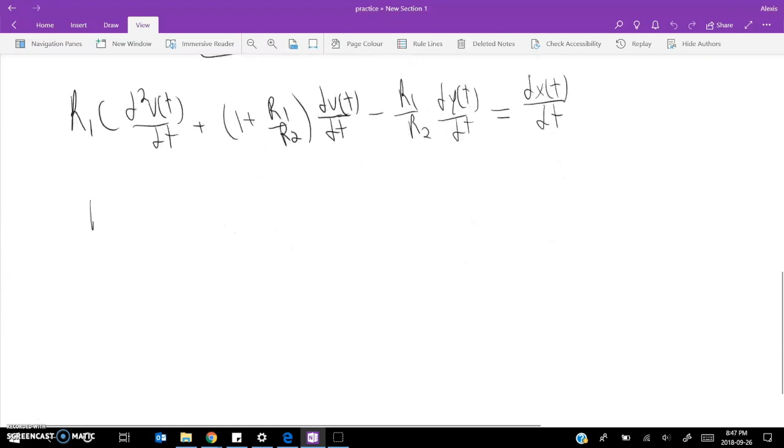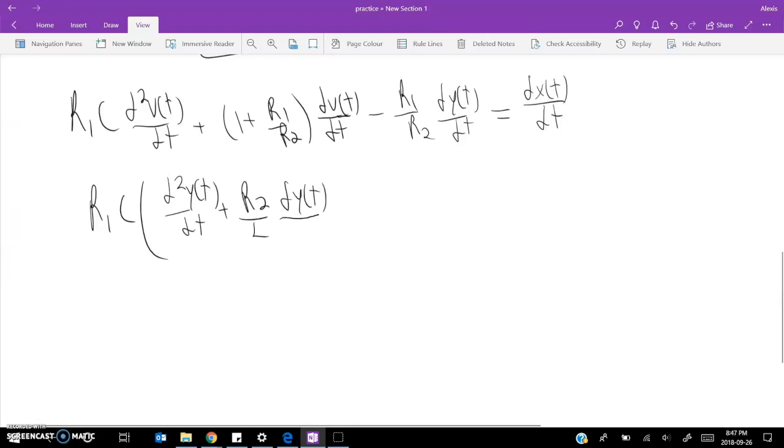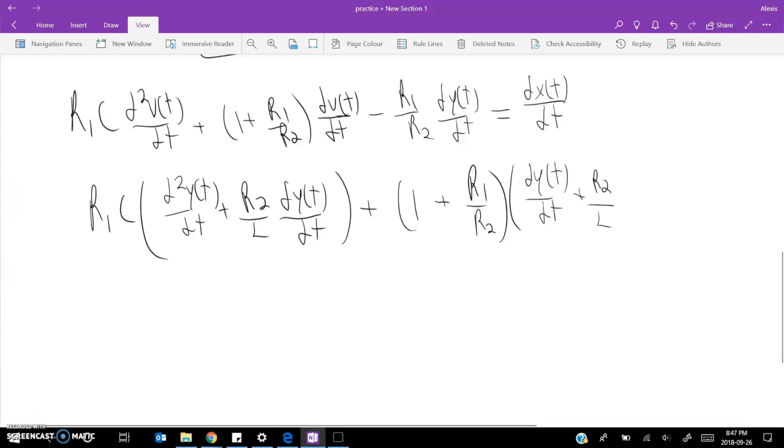So we would obtain R1 multiplied by the capacitance, and in brackets we would obtain the second derivative of y of t multiplied by second derivative of y plus R2 divided by L multiplied by the first derivative of y plus in brackets 1 plus R1 divided by R2 multiplied by the first derivative of y plus R2 divided by L, and this multiplied by y of t.